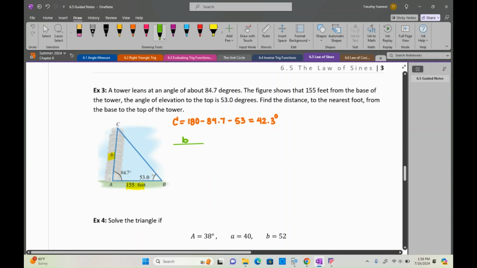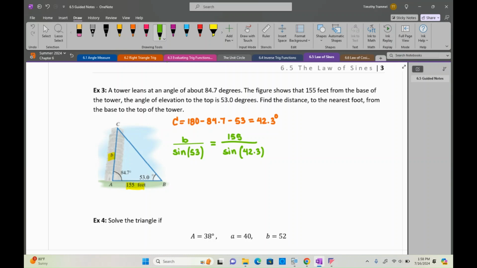So I have little b is equal to sine of big B, which is 53 degrees, and then on the other side, my side length of little c, which is 155, divided by sine of big C. Big C we found up above is 42.3. In order to solve for little b, all we need to do is multiply both sides by sine of 53.